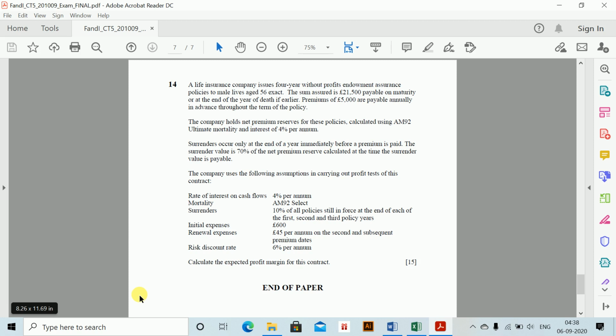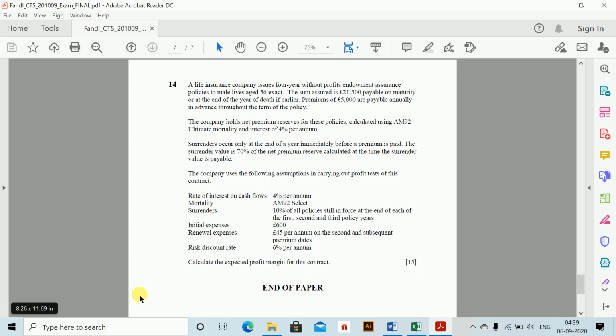Surrender occurs only at the end of the year. Immediately before a premium is paid, the surrender value is 70% of the net premium reserves calculated at the time of surrender. The company uses the following assumptions in carrying out the profit test: rate of interest and cash flows, mortality AM92, surrenders 10% of all policies, initial expenses, renewal expenses 45, discount rate 6%, and calculate the expected profit margin of this policy.